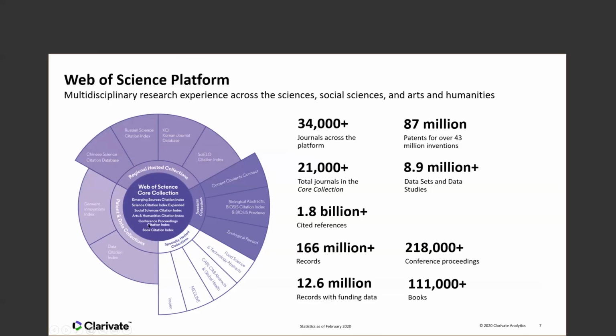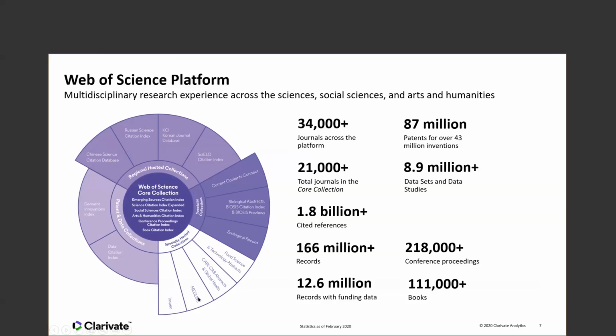Outside of the core collection, there are other databases. Some of them belong to our company. For example, Derwent here is a database specialized on patents. Zoological Record is another of our databases. But we have also other content that belongs to other institutions.